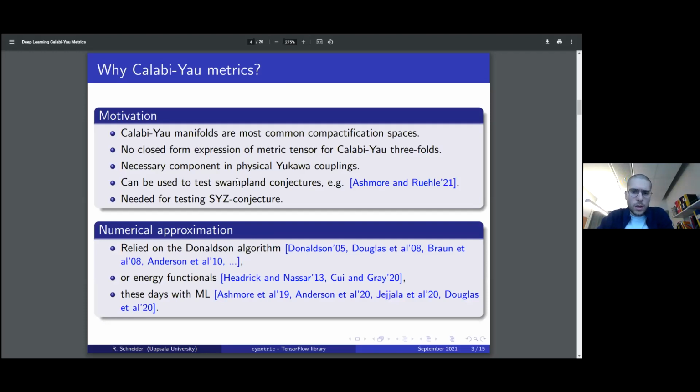So the first approximations for the metric tensor relied on the so-called Donaldson algorithm, which was published by Donaldson in 2005. And this one has been used by various research groups over the years to find approximations for the metric tensor on selected toy examples, mostly the Fermat Quintic, but also other Calabi-Yaus with high degrees of symmetry.